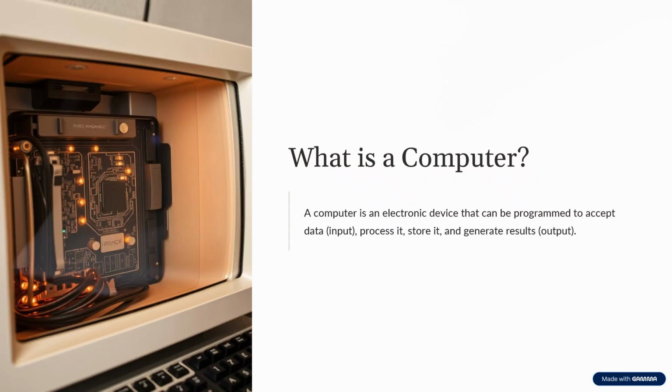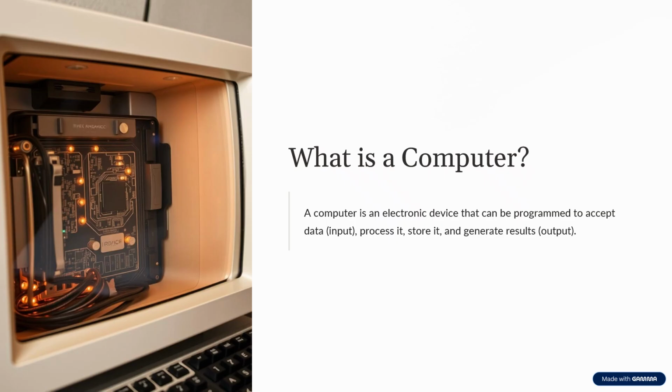So one more definition: what is a computer? A computer is an electronic device that can be programmed, accept data as an input, process it, store it, and generate the result as an output. This is also the definition of a computer.